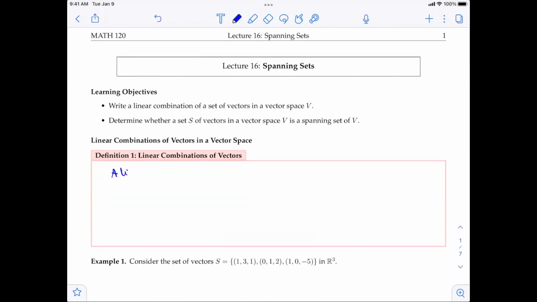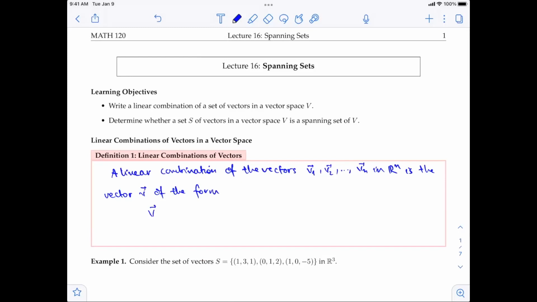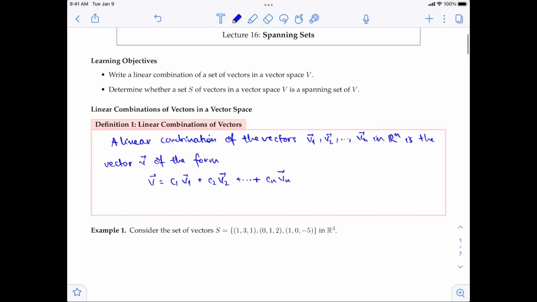A linear combination of the vectors v1, v2, ..., vn in Rn is the vector v of the form v equal to c1 v1 plus c2 v2 up to plus cn vn, where c1, c2 up to cn are real scalars.